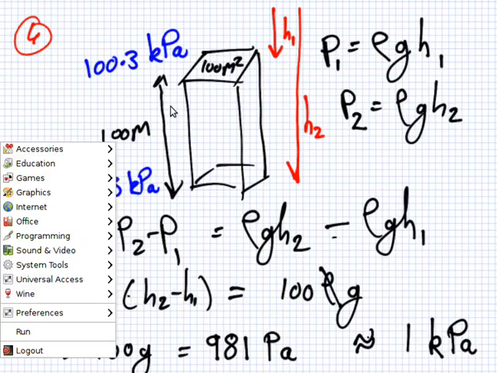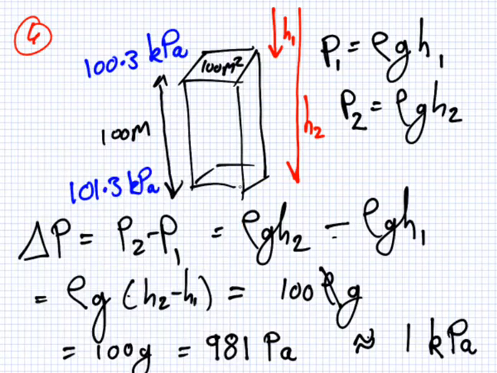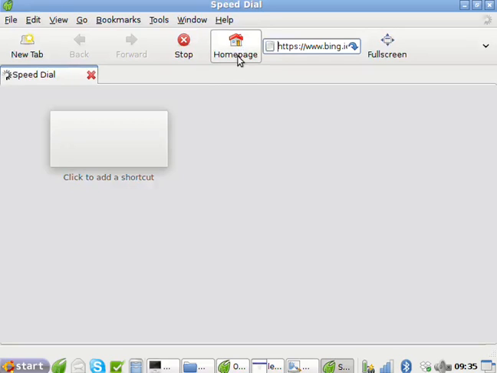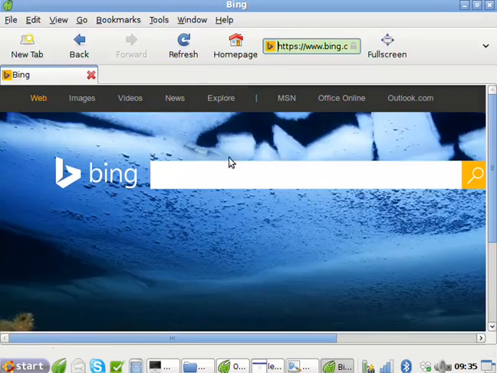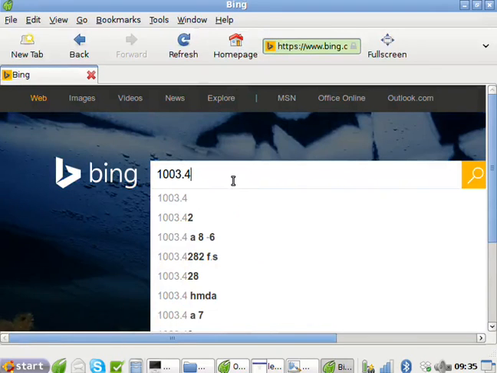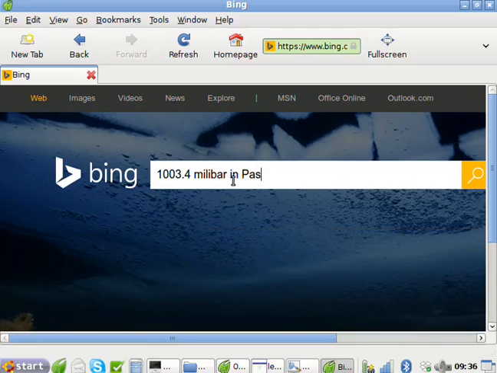Okay, what you need to picture here is your building, 10 by 10, so the area is 100 meters squared, and on the bottom it's the same, 100 meters squared. And this is 100 meters tall.